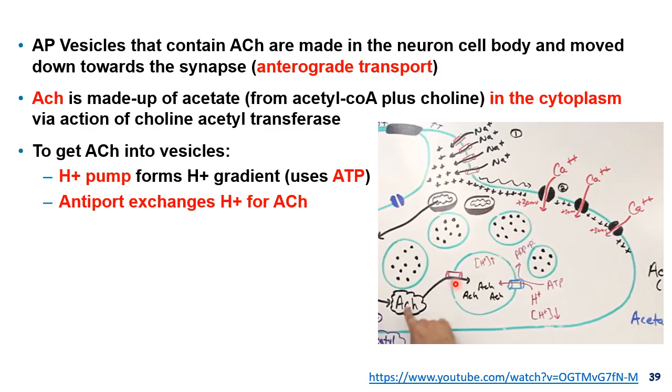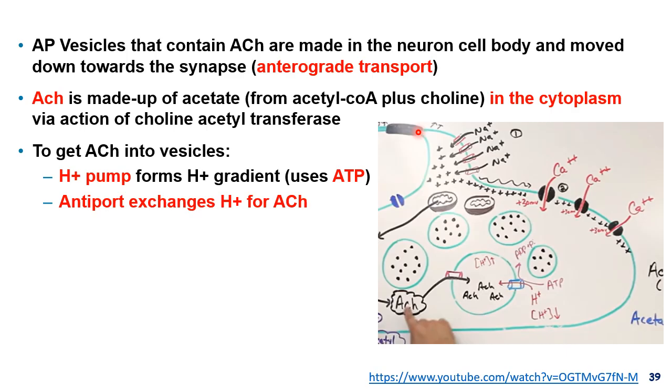Right? And this antiport channel is very important because if you would just open a channel for acetylcholine, you wouldn't be able to concentrate it against its concentration gradient. Okay? So this indirect form of energy usage is important for packing acetylcholine inside of the vesicle.